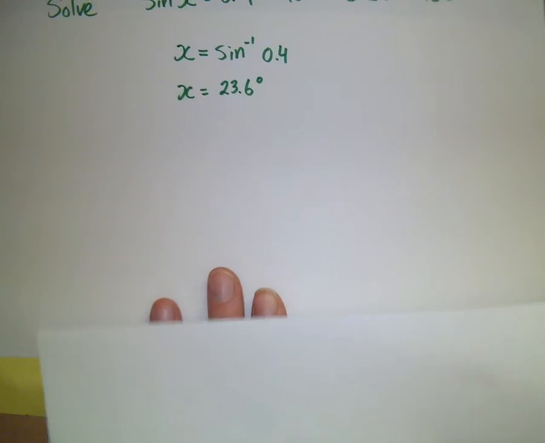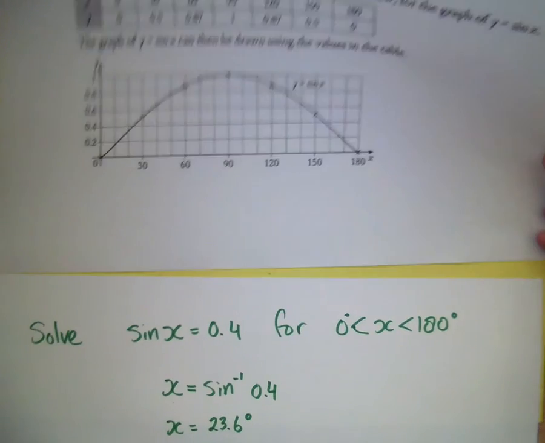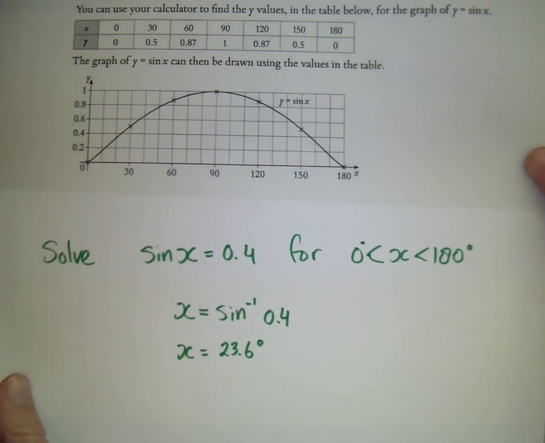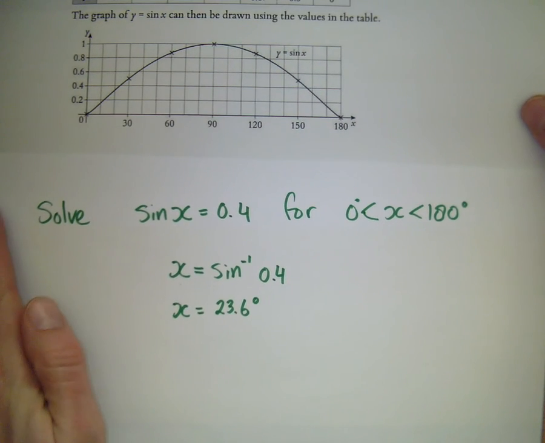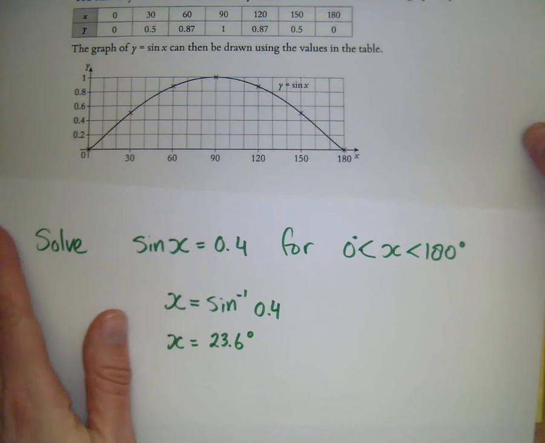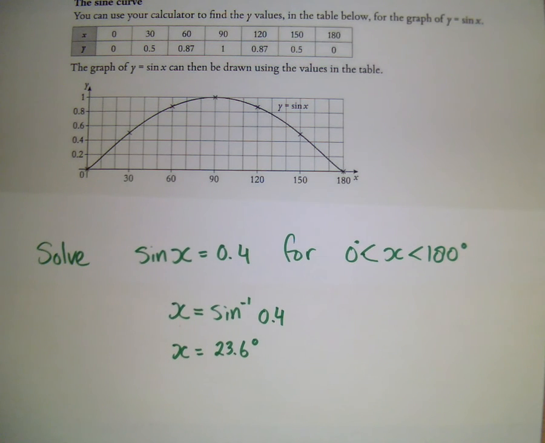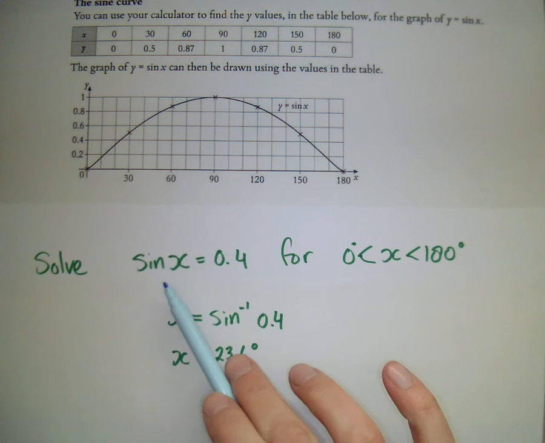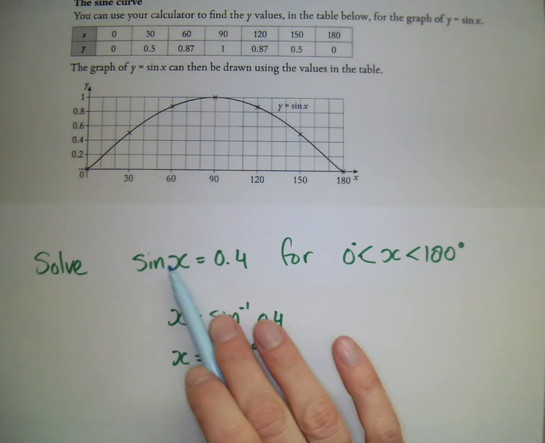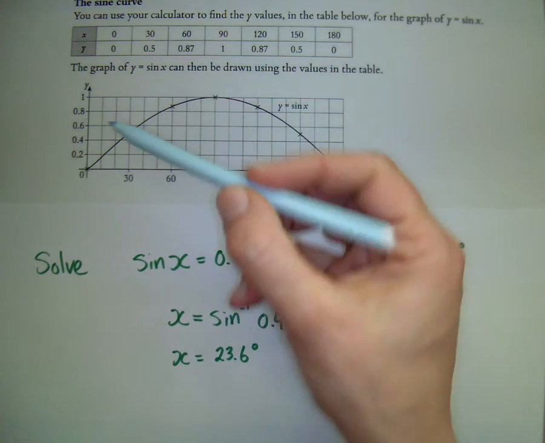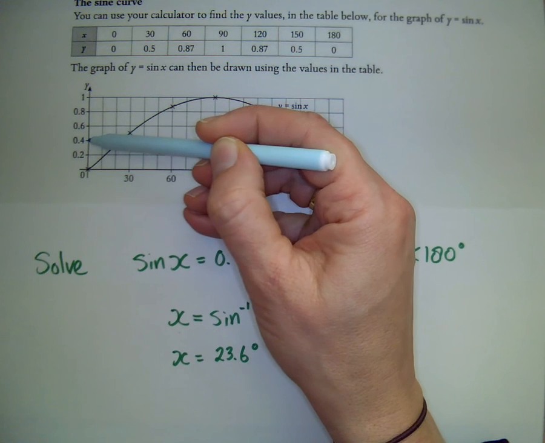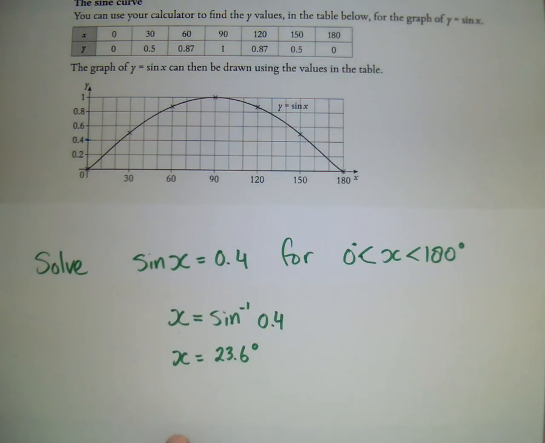Let's pull up our sine graph. Yes. This is our sine graph. And we can actually see that that's true. Where is the sine of x 0.4? Well, that would be on this line, right?